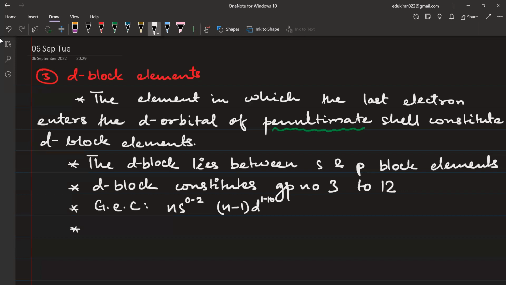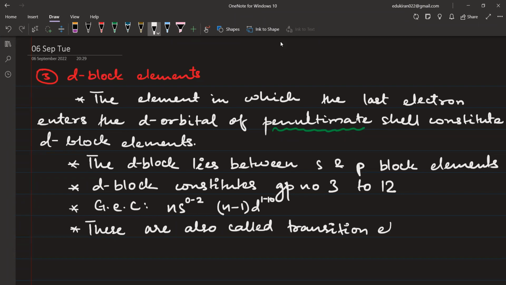Right, next. These are also called transition elements.